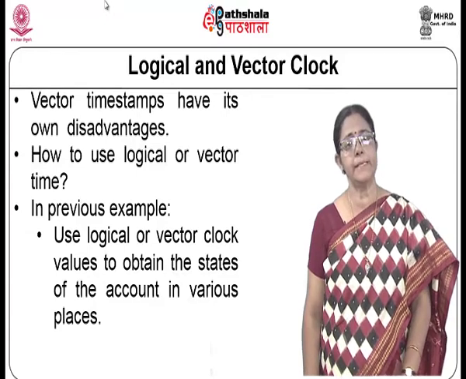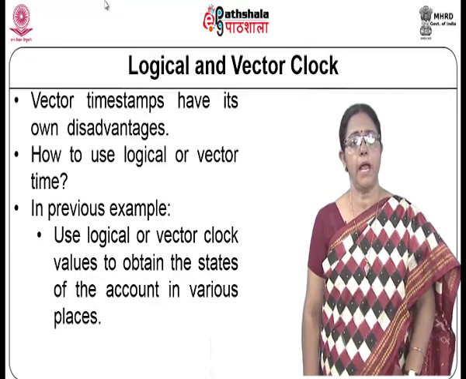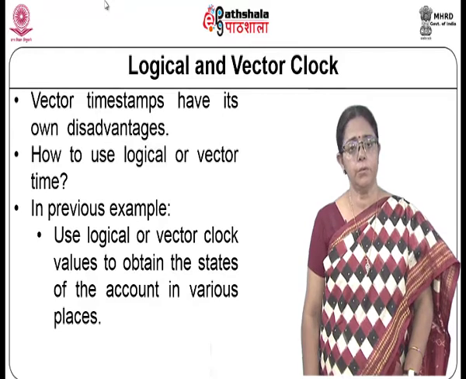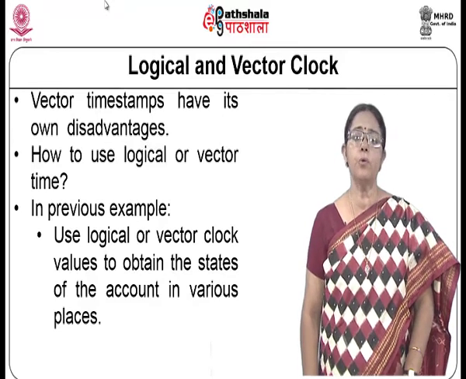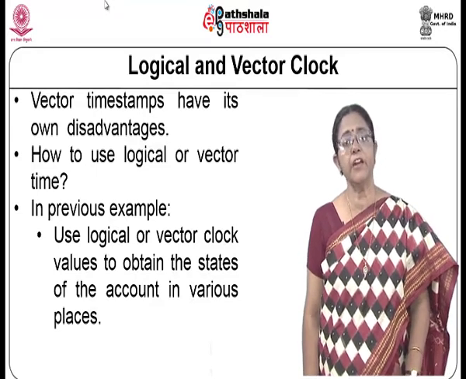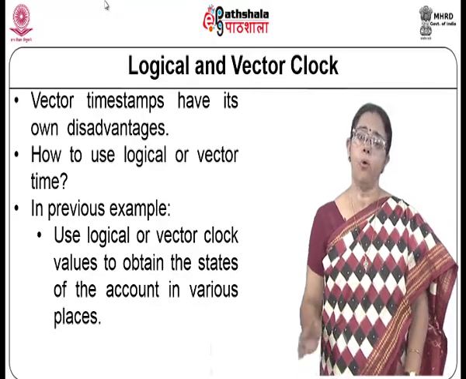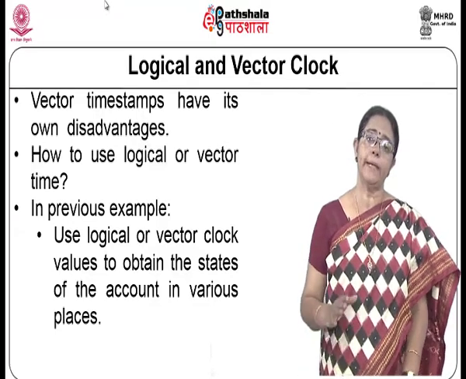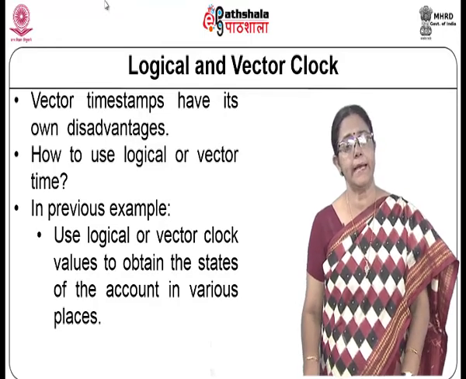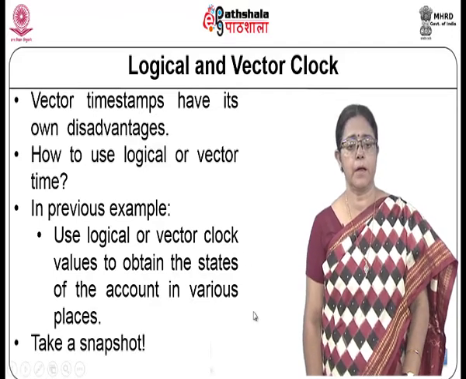So, our problem is that we can independently go to each branch in each state and obtain the clock value, but we do not know how to do it because of the absence of time. We can figure out a mechanism where, using either the logical clock or the vector clock, we can give instructions to each process when exactly they are supposed to take the picture, take the current situation.